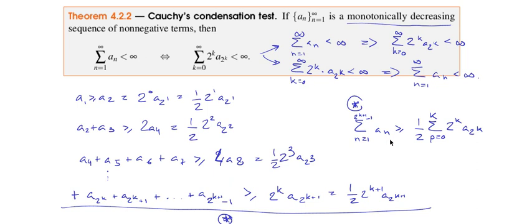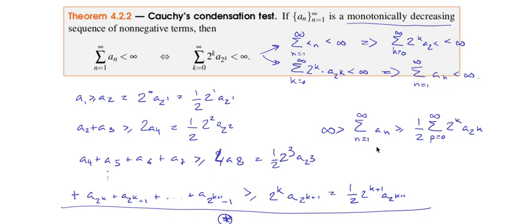So if this is smaller than infinity, well, again, we can take limits in both expressions, so then you get this is infinity, this is infinity. So if this is convergent, we're trying to prove the first implication now.